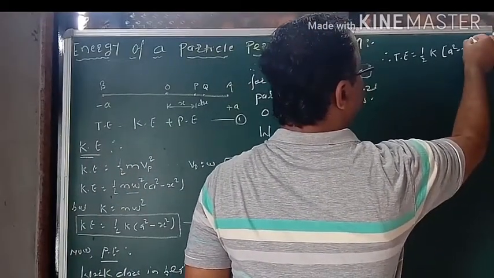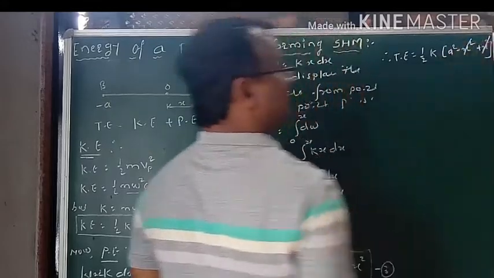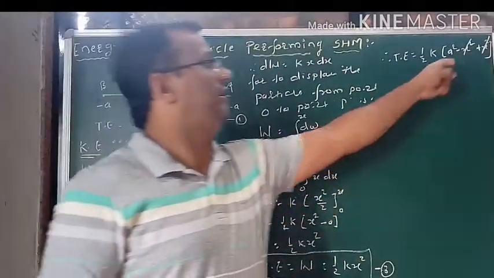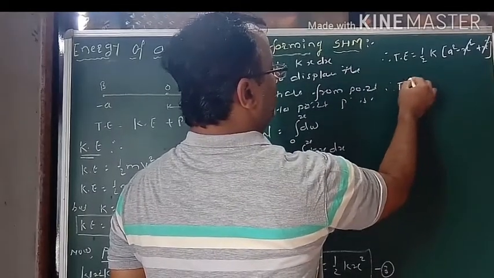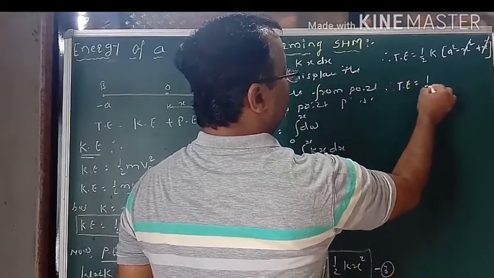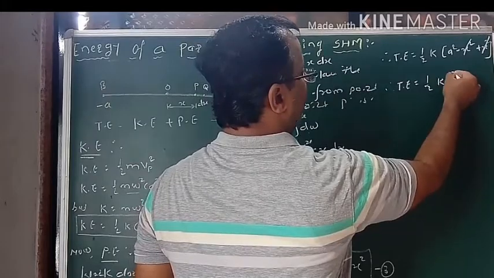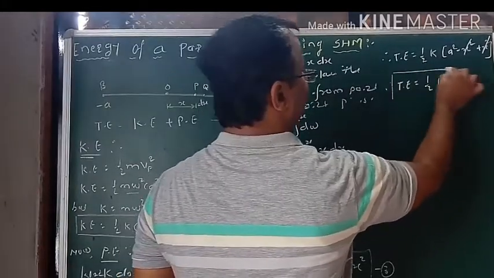This minus x square and plus x square get cancelled. Simply here we get A square. Therefore, total energy is equal to half of K into A square.